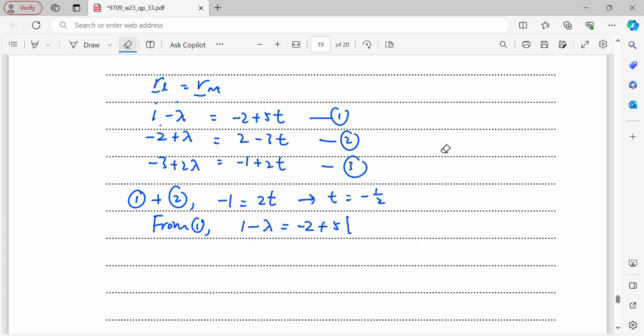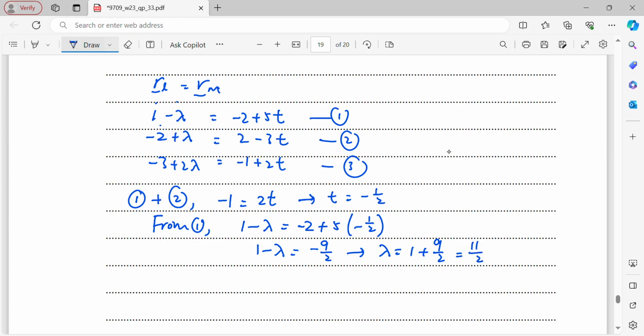The t is negative half. Then you will get 1 minus lambda equals to -9 over 2. Therefore, your lambda is 1 plus 9 over 2, which is 11 over 2.